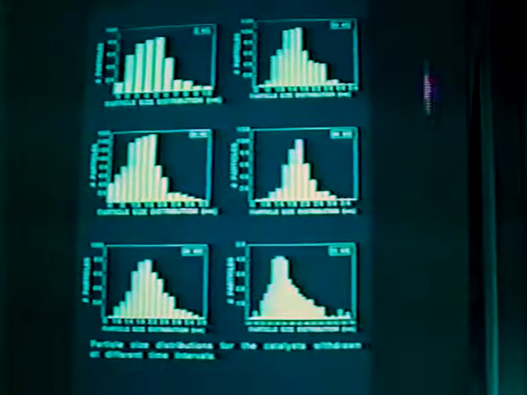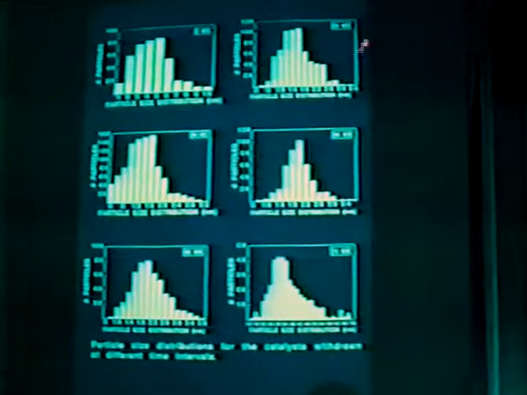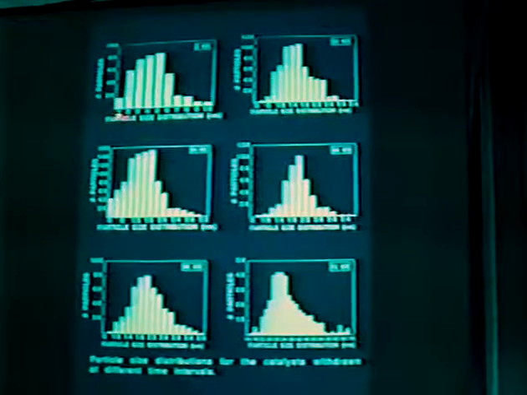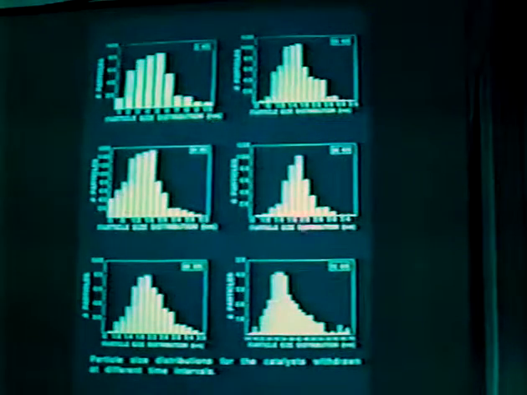Also, this is the summary of all the particle size distributions we have got for 2-hour samples up to 72-hour samples. As you can see here, after 2 hours the major fraction lies in the 3 to 5 or 6 nanometer range, and then it grows to about 300 angstroms after about 72 hours in the stream.